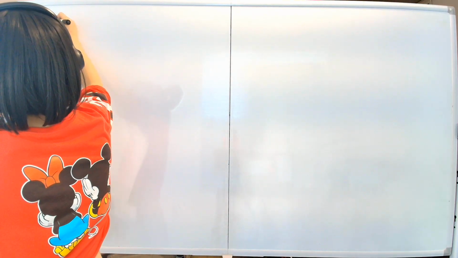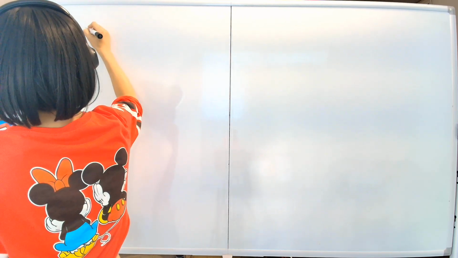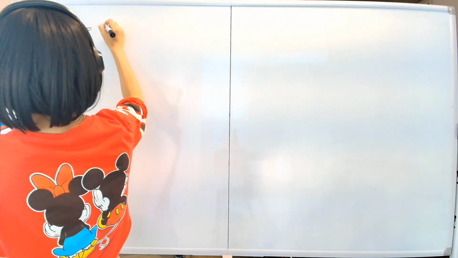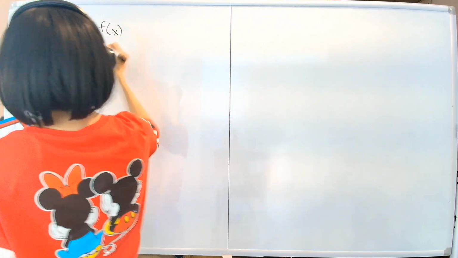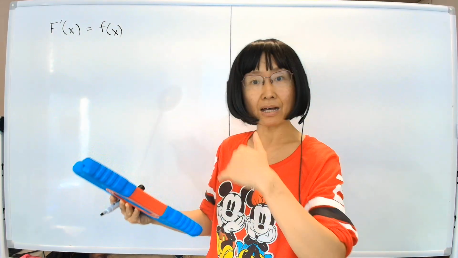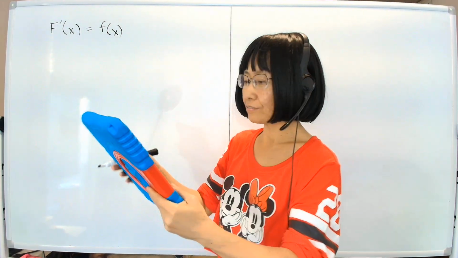We have a small f, which is continuous. Big F is an antiderivative of small f, it doesn't matter which one, because they're all within a constant of each other. So anyway, big F is an antiderivative of small f.